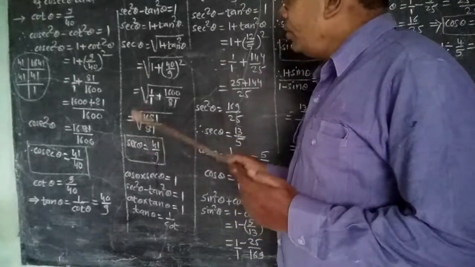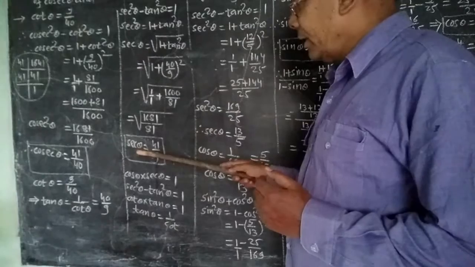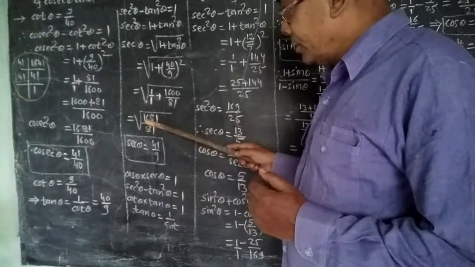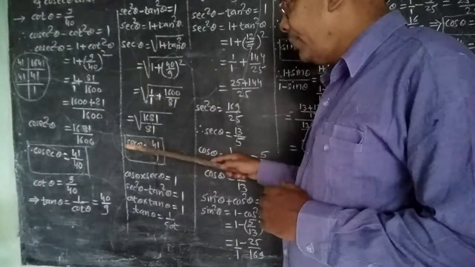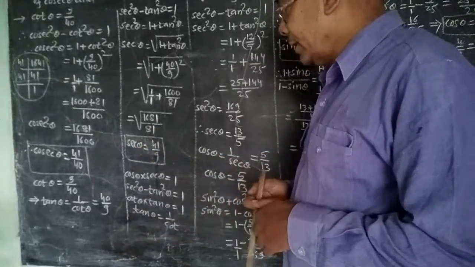Now we can find sec theta is equal to the square root of 1681, which is 41, upon the square root of 81, which is 9. In this way we find the value of sec theta.